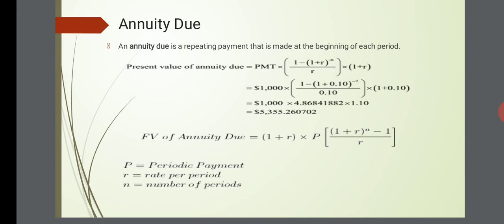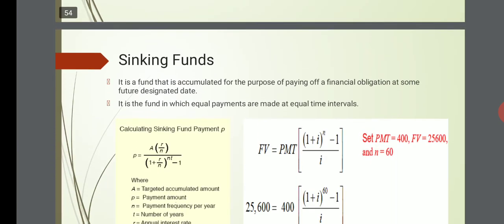So if it is 1000 rupees annuity at 10% rate for 7 years, then this will be the case. No need to remember this. We can find out the solution through the above formula only, and it's very easy.